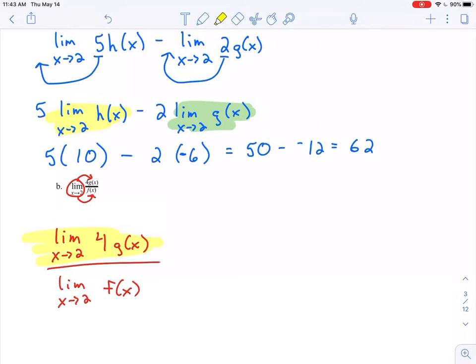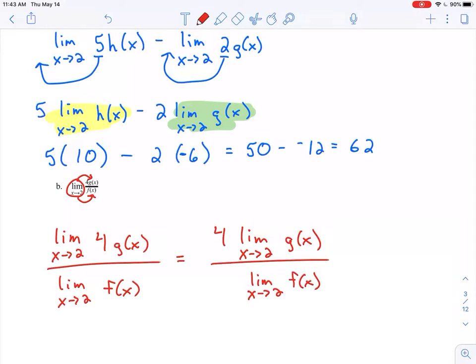I like to evaluate all of my limits at once, so I'm just going to hold off for right now. That 4 I know I can factor out using my constant multiple rule. So limit as x approaches 2 of g of x divided by limit as x approaches 2 of f of x. And now I can go ahead and evaluate these two.